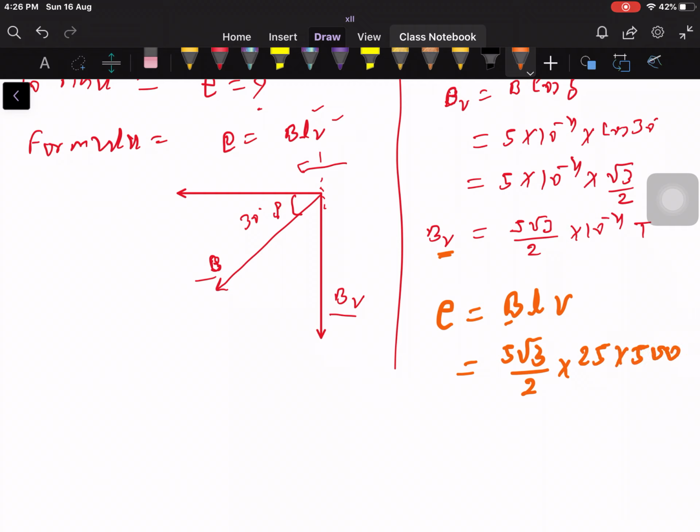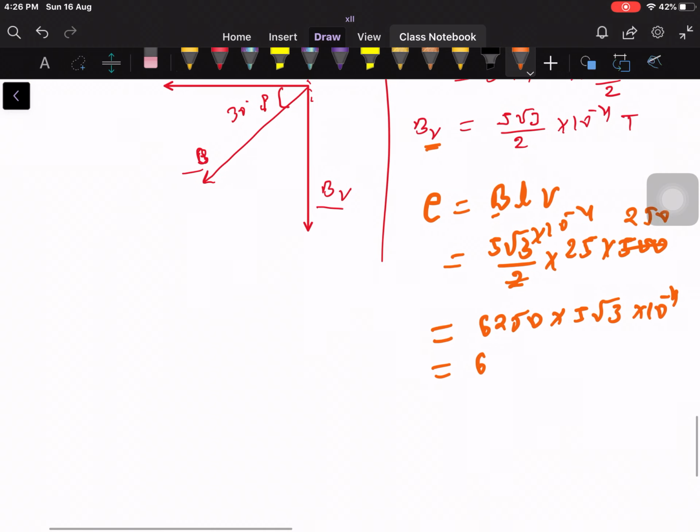Just solve it and have the answer. If I'm going to solve it, then 25 into 25, 625, into 5 root 3. Sorry, I forgot, here it is 10 to the power minus 4 also, so it will be 10 to the power minus 4.